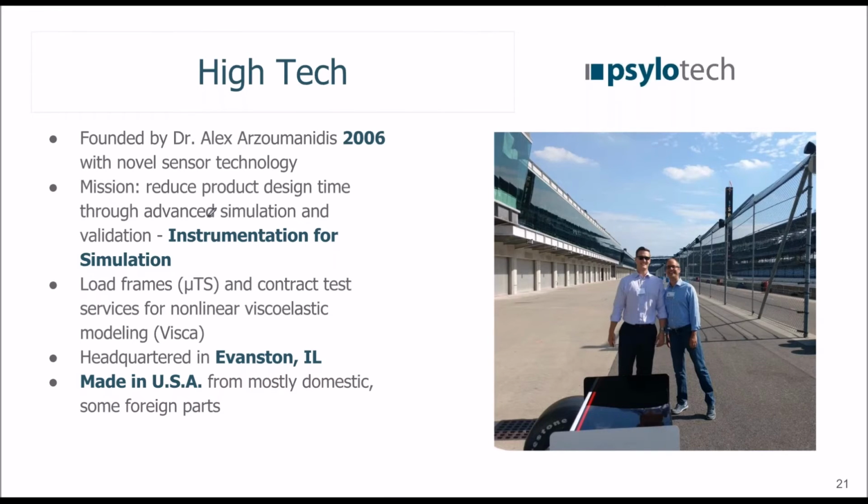It's a nonlinear viscoelastic polymer model for getting really accurate data and reducing the iterations needed for designing products with simulation. We're based just north of Chicago in Evanston, and our parts are made, assembled, calibrated, tested, and machined in the US, so it's all local manufacturing. And you see here's Dan Broderick right here, and here's Alex on the right here. Good-looking guys.